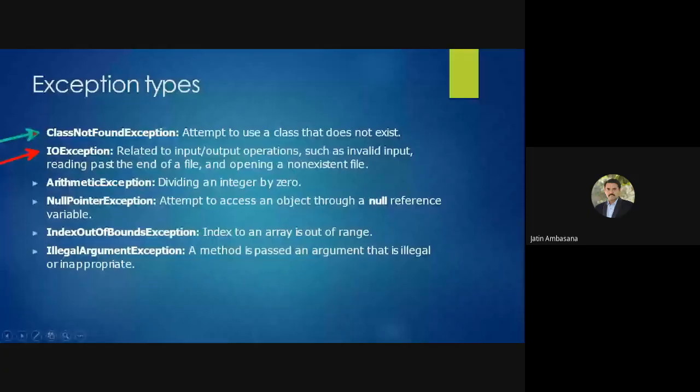Then arithmetic exception is there. When you divide an integer by 0, it generates an arithmetic exception. Then a null pointer exception. So it's something like this. When you say String str is equal to null, you have not yet created any object. And now you try to say str.length to try to access its length. Why would this create the issue?